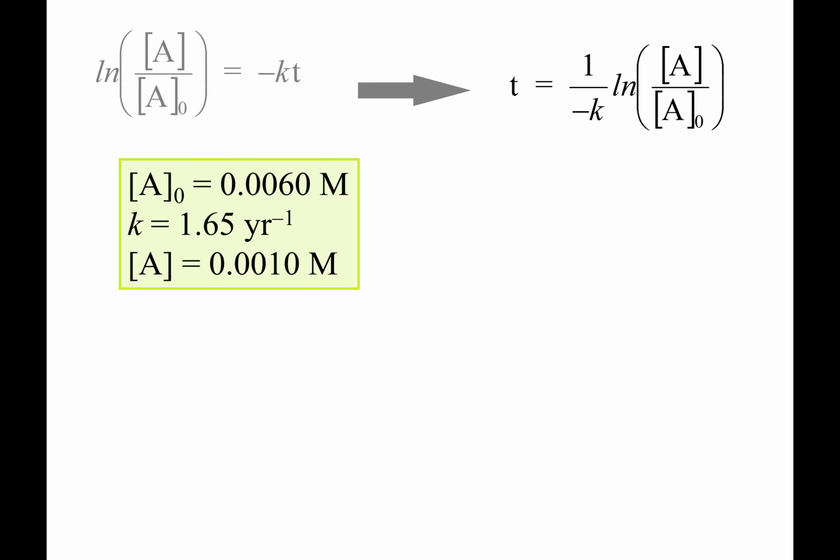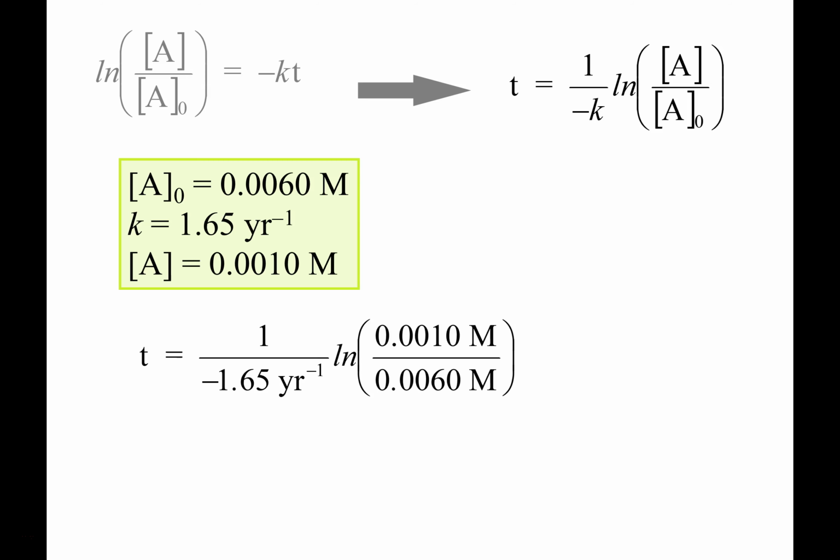So, in this case, of course, we still have the initial concentration of A, and K is the same. Our target concentration of A is to decrease to 0.0010 moles per liter. So, plugging and chugging.